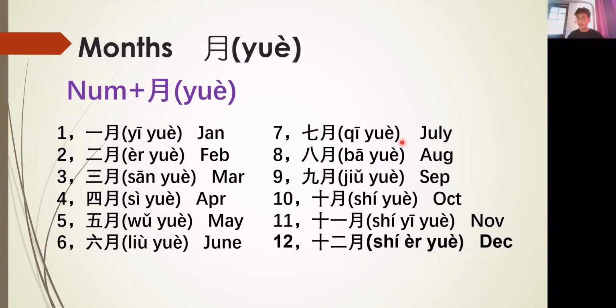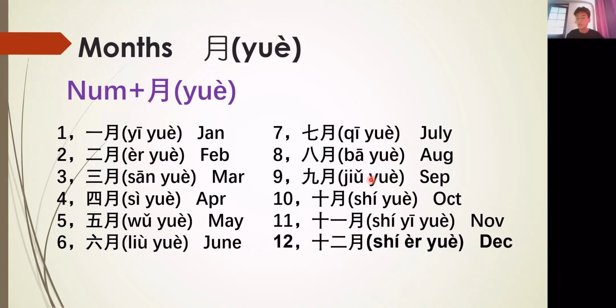And next one is July. So in Chinese, 七月。And August is 八月。September is 9月, right? 9月. And what is October? October. Very good.